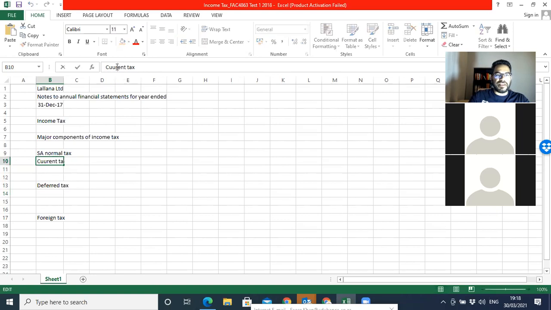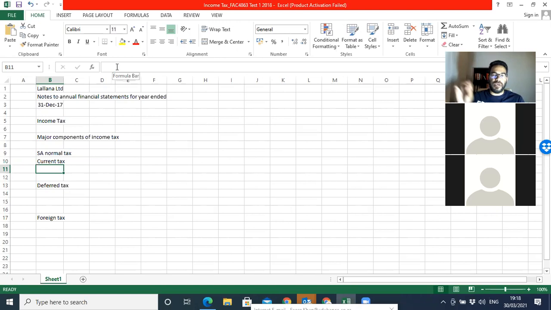So the thinking is as follows. So you have your statement name, you have your note name income tax, then you must say which note you are dealing with. We're dealing with the major components of income tax.